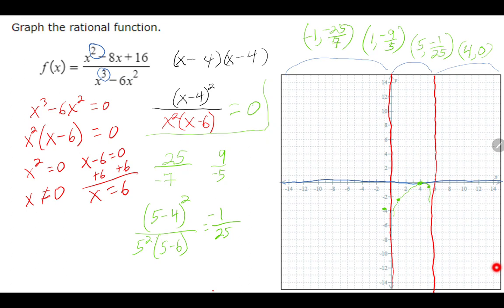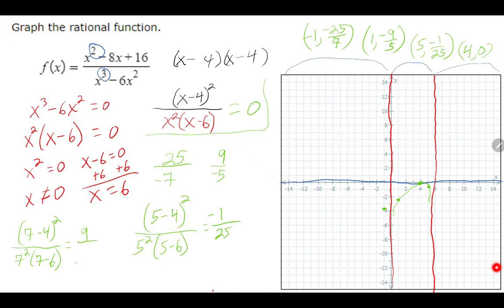And then I need to plug something on the other side, so we'll just plug in 7. 7's a very wonderful number here, so 7 minus 4 squared over 7 squared times 7 minus 6. All right, so 7 minus 4 is 3. 3 squared is 9.